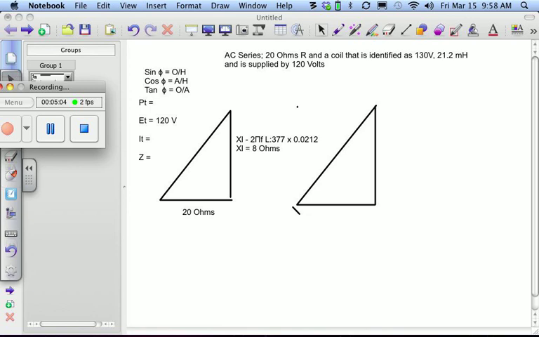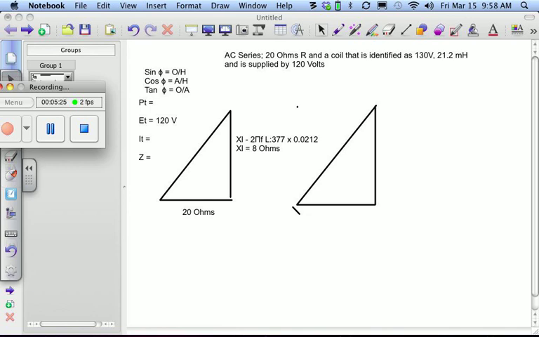So we put in second function tangent, 8 divided by 20. That gives us an angle of 21.8 degrees. Is that correct? So that's our first answer, 21.8 degrees.